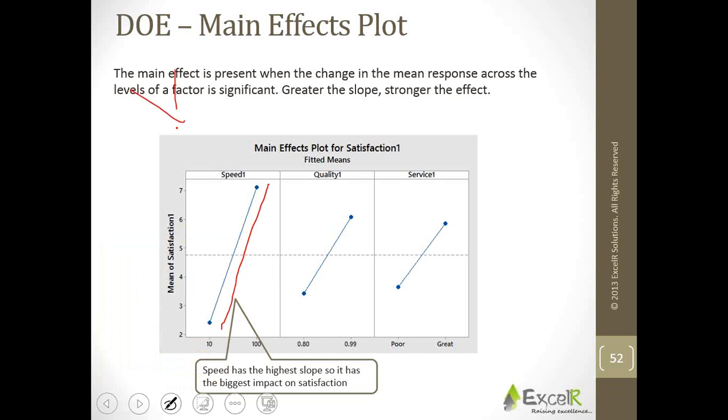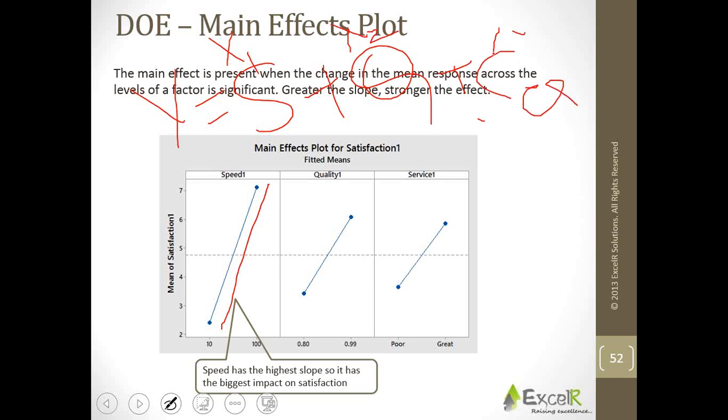It's something like Y satisfaction is equal to speed, which is x1, and quality, which is x2, and it also depends on service, which is x3. We have 3 x's and 1 y. Here if you see speed, the slope is very steep, so it has the biggest impact on satisfaction. That is what you conclude by looking into your main effects plot.